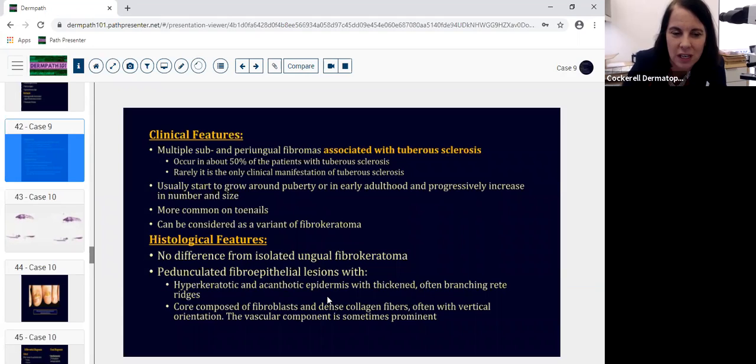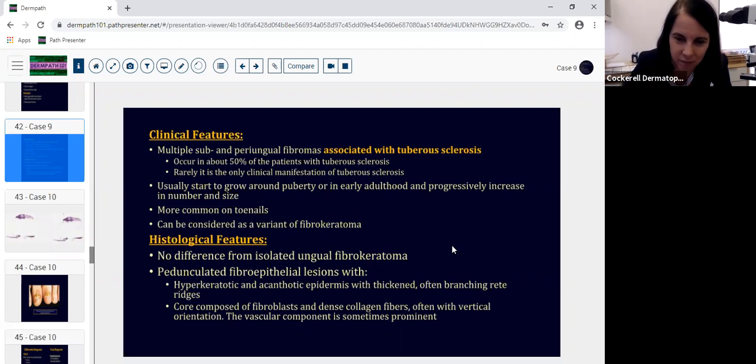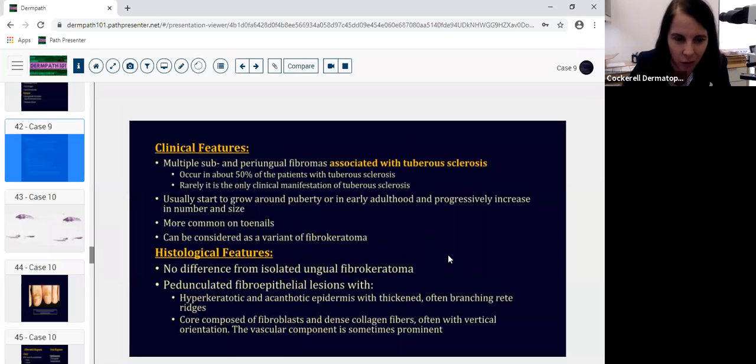Histologic features, there's no difference from isolated ungual fibrokeratoma. It also can mimic the acquired digital fibrokeratoma. Some people like to lump all these into the acral fibrokeratoma group and not split everything up. But I think it is important clinically to split things up and to determine clinically what you're seeing and fine-tuning it with your clinical.